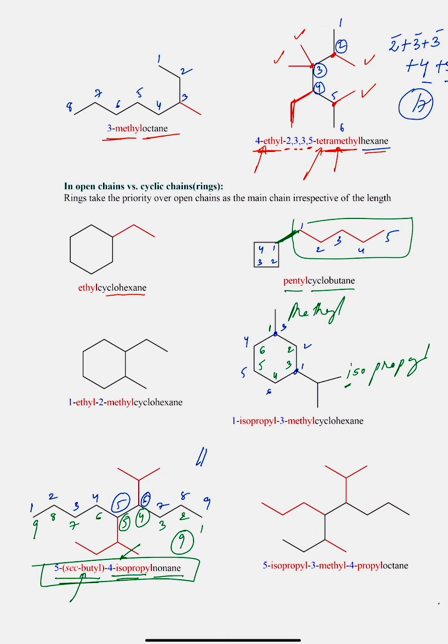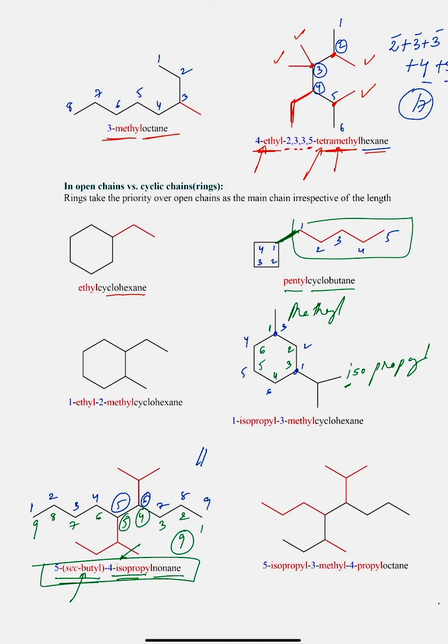But why did I choose this black chain? Because if I choose this chain, it has only 2 substituents. But if I choose this chain, I have 1, 2, 3 substituents. So in case of a tie of 2 different paths, we have to choose the path which gives you more number of substituents, which is this black line.